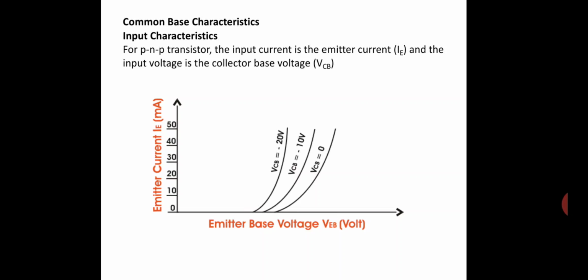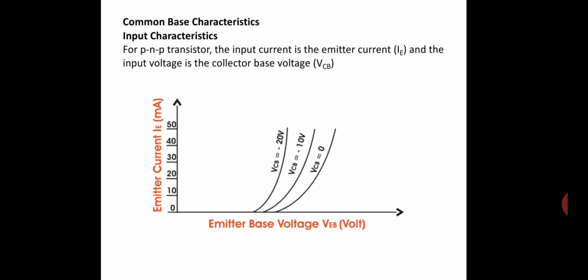So the emitter input current and emitter base voltage graph is plotted. At first, when the input supply is increased, the current does not flow due to the depletion layer. When the input supply is slowly increased, then emitter current increases like a diode.